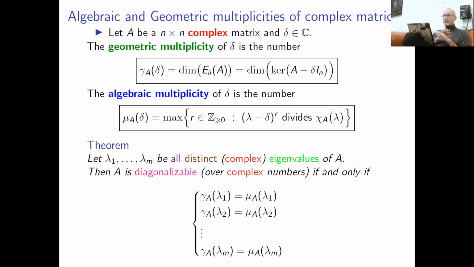In the real case, when we consider real matrices, we have to consider real roots and non-real roots of a characteristic polynomial separately. Now all of them play the same role in this theorem, and we don't make any distinction who is real, who is not real. All of them live in one big complex world. This is a very nice criterion, and we know how to apply it.